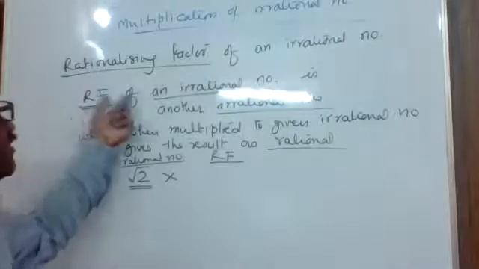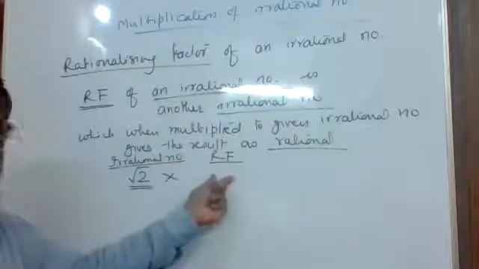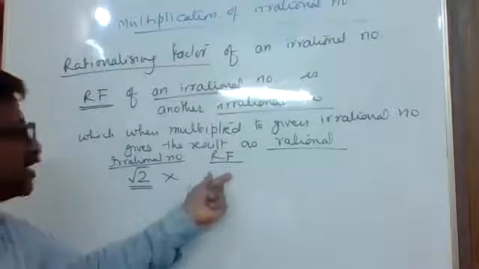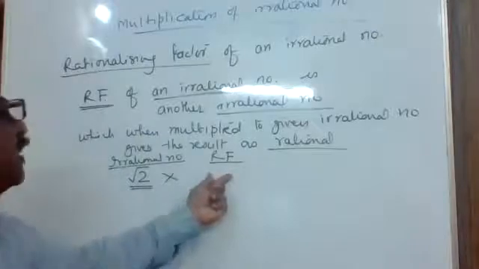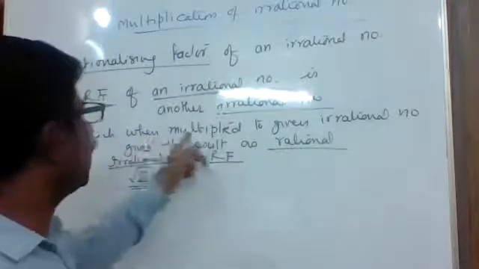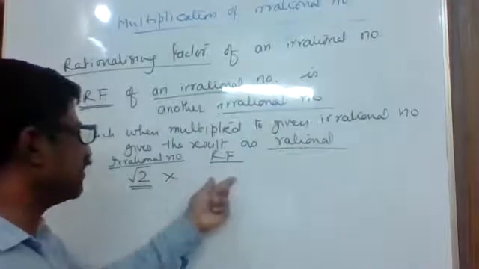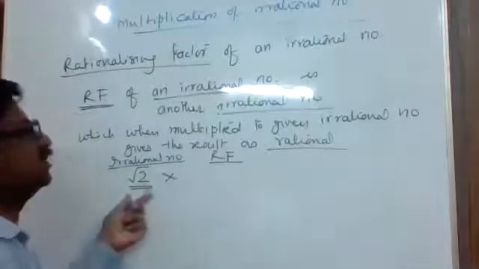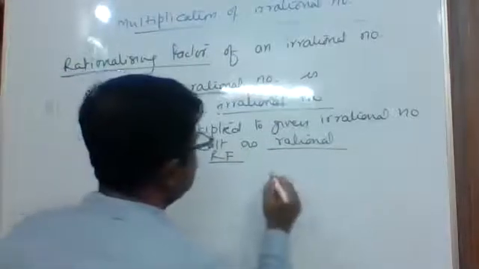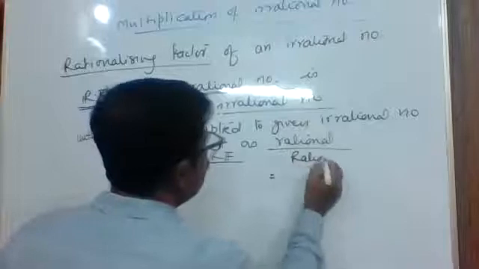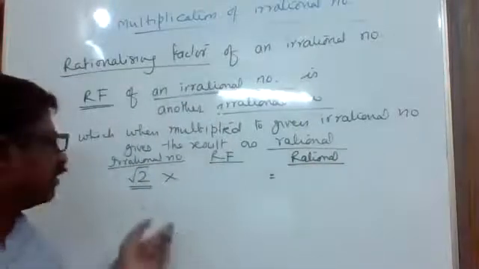Now, what is the rationalizing factor of an irrational number? It is another irrational number which, when you multiply this rationalizing factor to the given irrational number, the result will be rational.